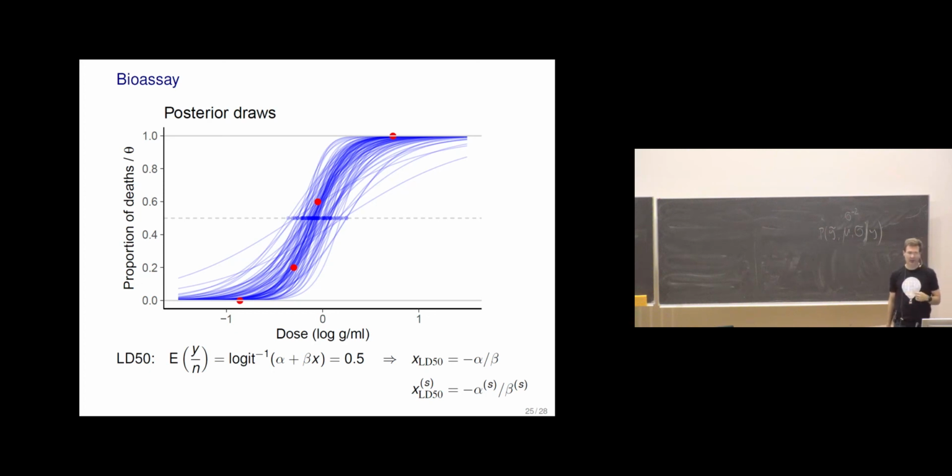The nice thing about posterior draws is that it's easy to compute further derived quantities. If we have posterior draws from alpha and beta, it's easy to compute other posterior draws which depend deterministically on alpha and beta.